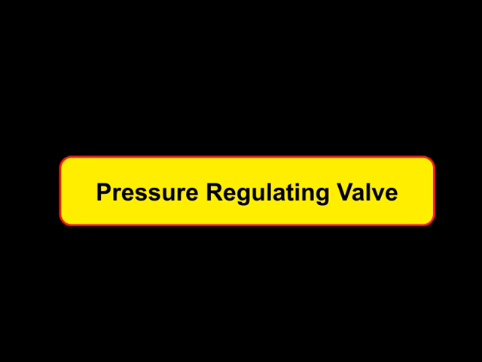It works by automatically adjusting itself to release or restrict flow as needed, keeping the pressure steady. This is especially important in systems where fluctuations could impact performance or safety. By managing pressure effectively, the pressure-regulating valve helps us achieve reliable and stable operation, which ties into the overall goal of keeping our systems safe, efficient, and well-maintained.